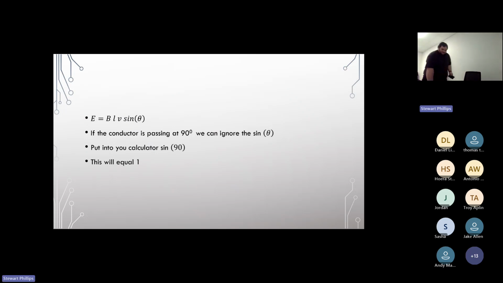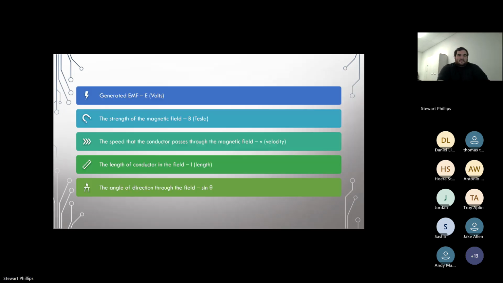Cool. So hopefully everyone can see the calculator. When we're talking about using sine, if you didn't know, this is the sine button here on the calculator. So we put in sine 90. So sine 90 equals 1.